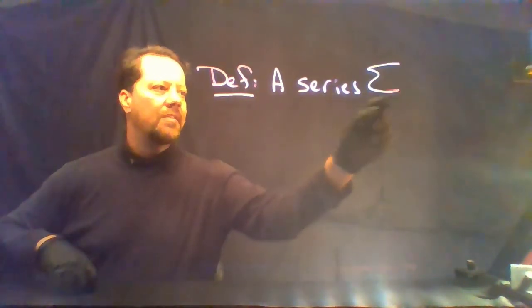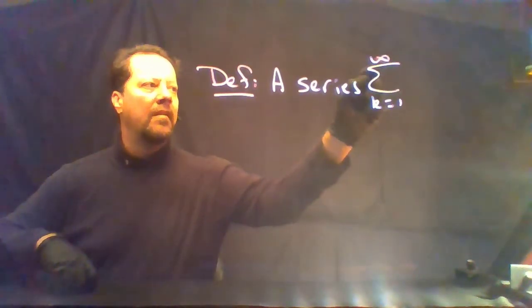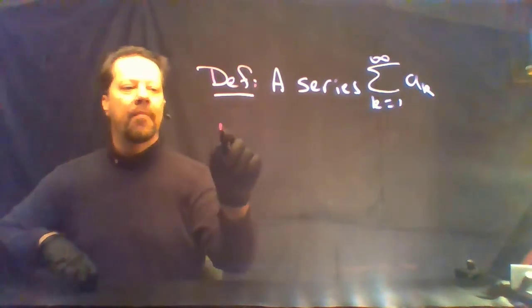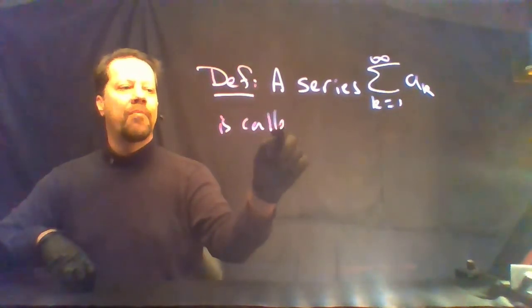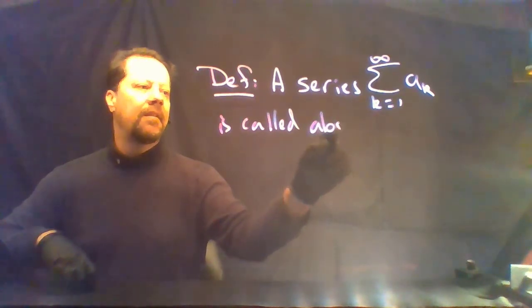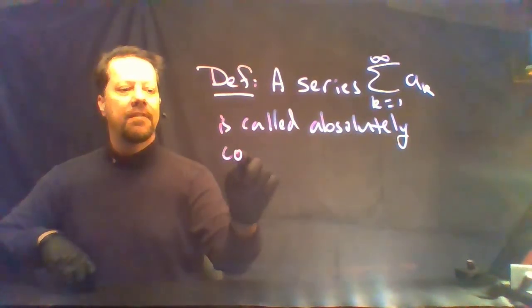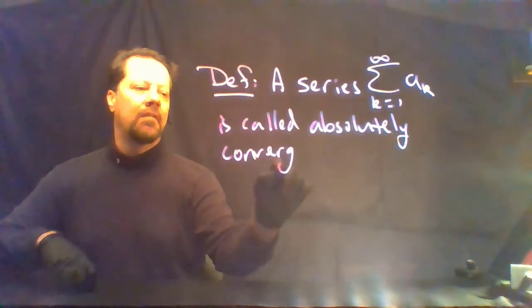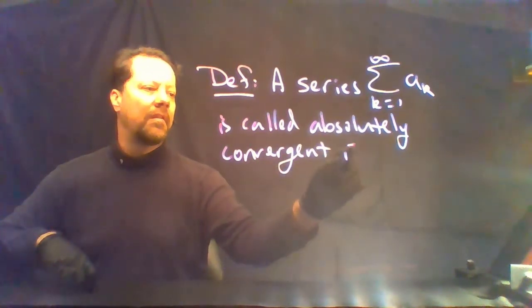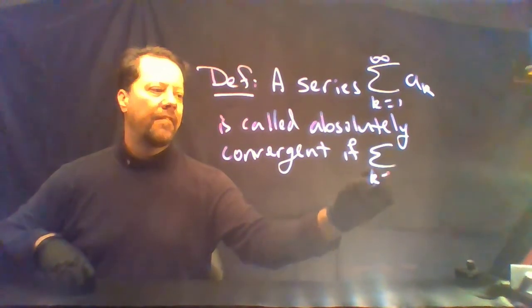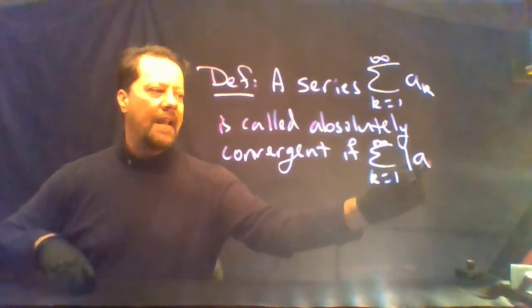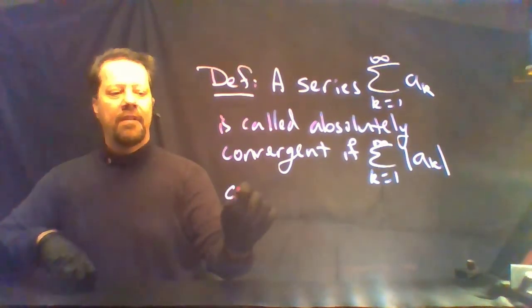A series is called absolutely convergent if in absolute value it converges.